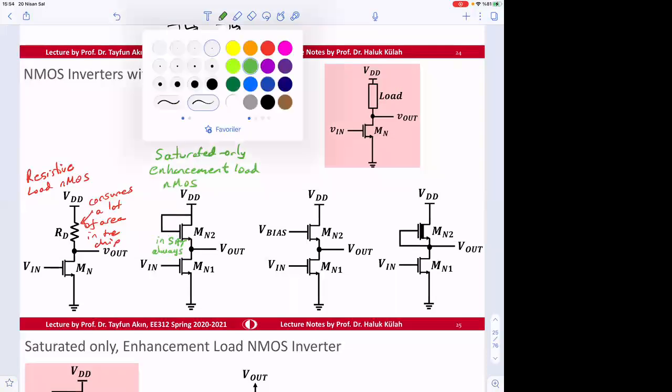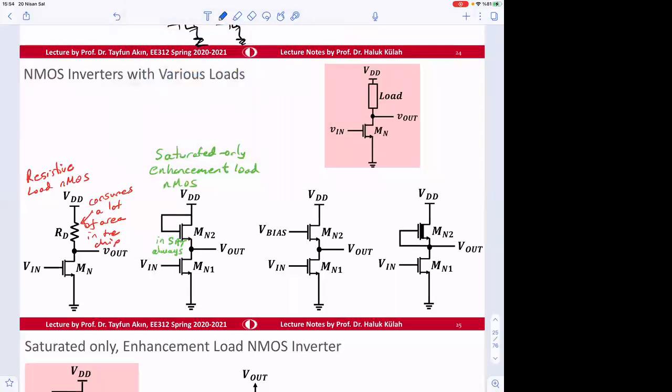Why do we say it's in SAT? Remember the SAT condition? SAT means V drain to source is larger than V gate to source minus V threshold voltage, right? So here, this is drain, source, and gate. V gate to source is equal to V drain to source, so they are equal to each other.